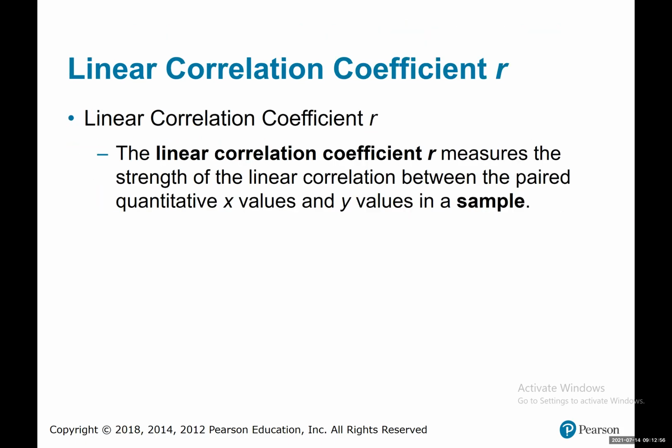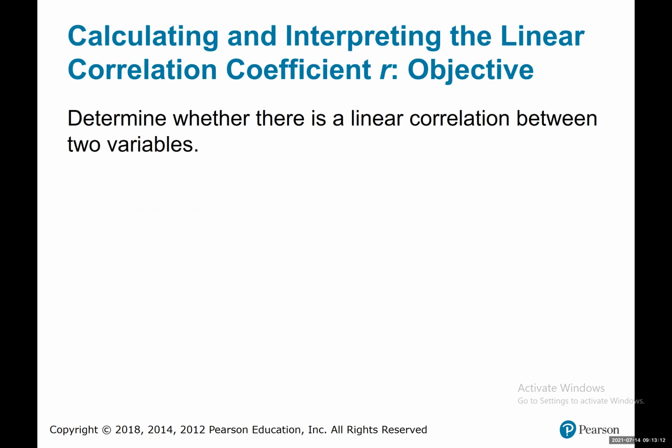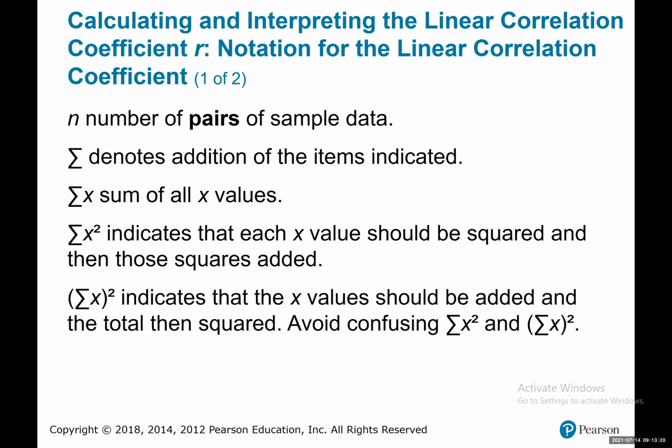Okay. Linear correlation coefficient R. So we find the measurement of R showing the strength of the relationship, and we're going to use our calculator for that. Okay, let's determine if there is a linear correlation between two variables.